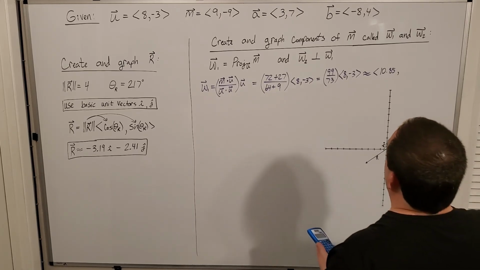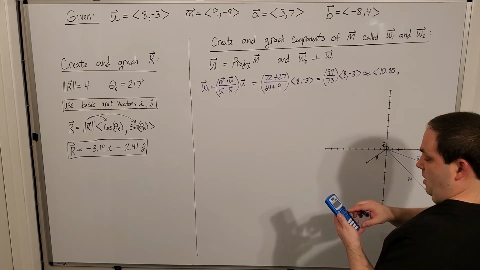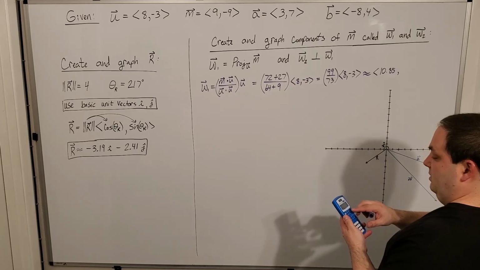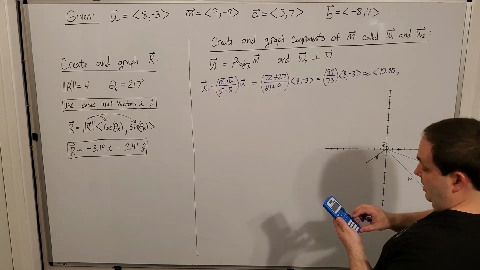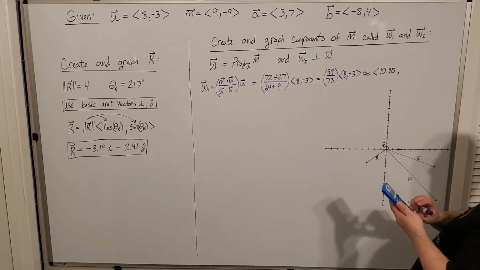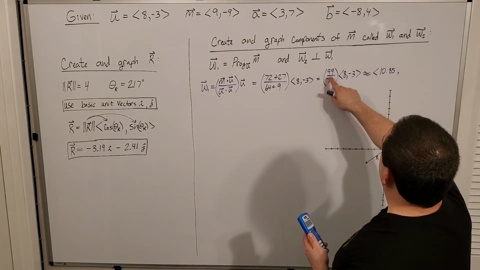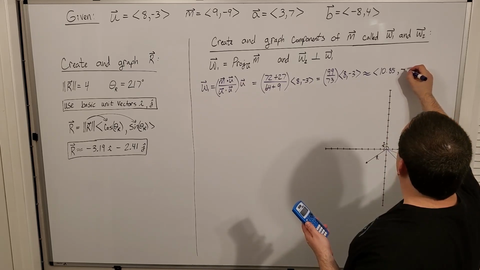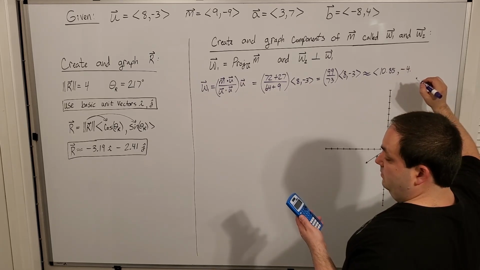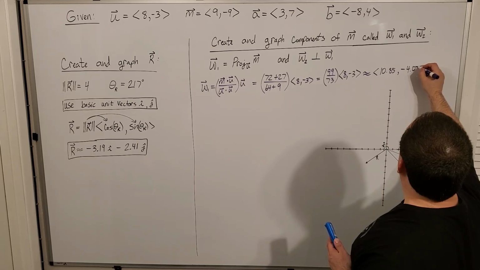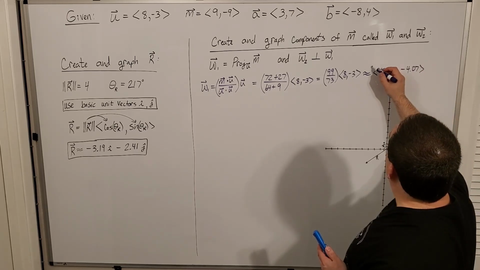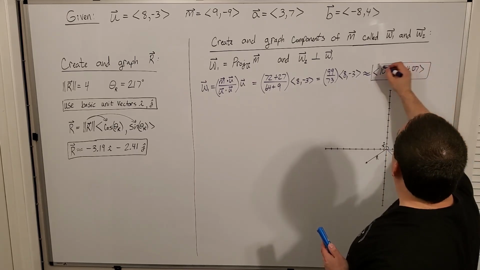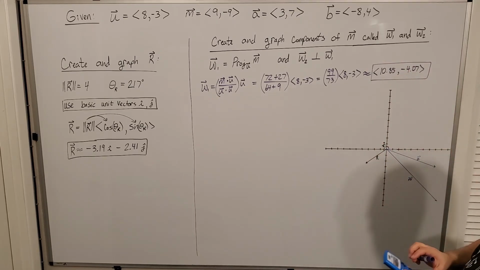Okay, it does. Then I've got times the -3. 99 over 73 times -3. I have -4.07. Okay, so there's the W1 vector.